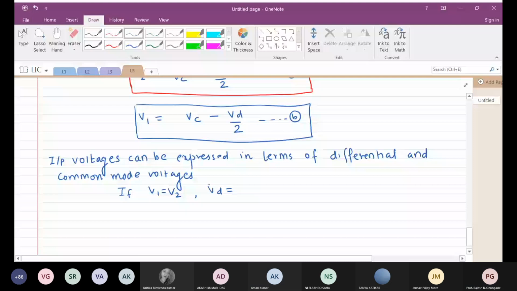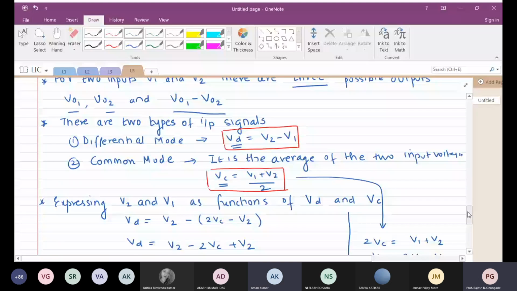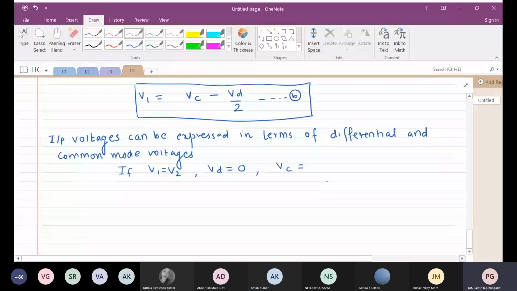It is going to be equal to 0. Use the very first equation: V2 minus V1 is going to be 0. And what is going to be the value of VC? It is going to be either V1 or V2, because it is nothing but the average of the two signals. Is it fine?